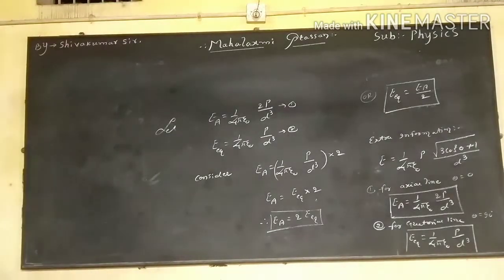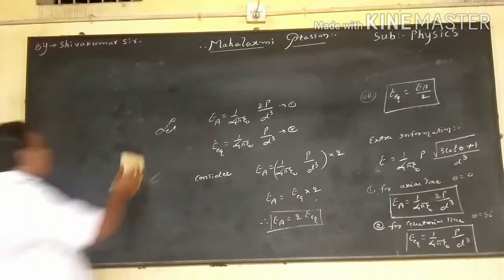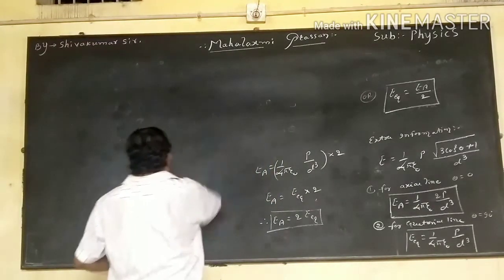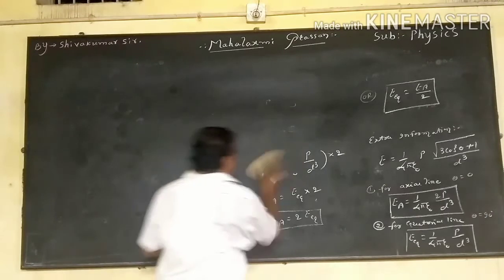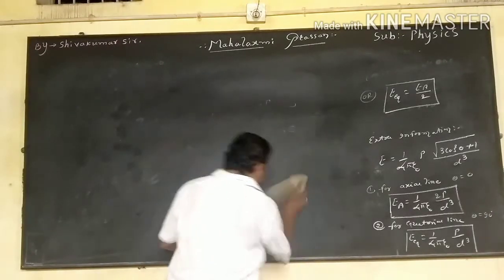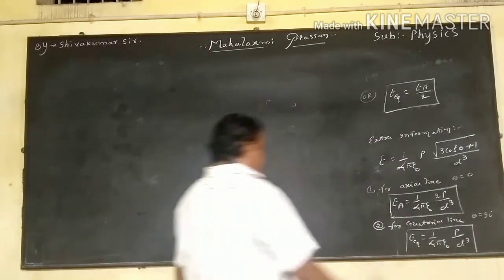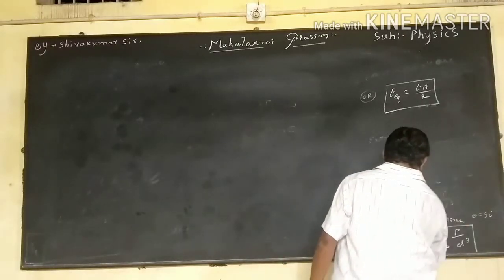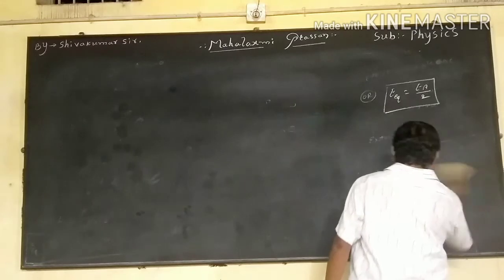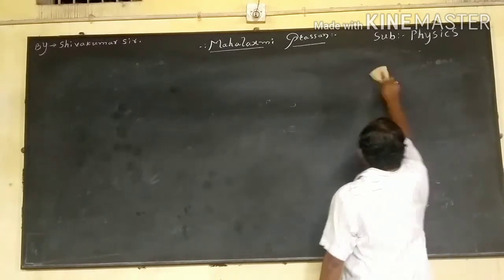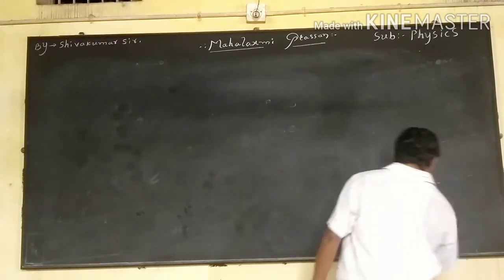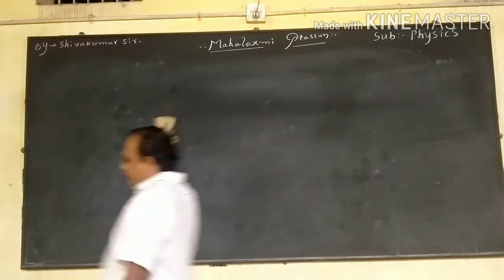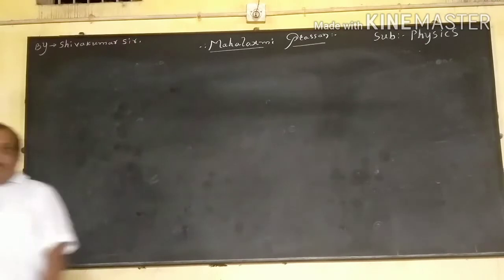I want to calculate how much torque is experienced by the dipole when it is placed in a uniform electric field. What is a uniform electric field? The electric field is the same at all points, equal in magnitude as well as direction. Such a region represents a uniform electric field.